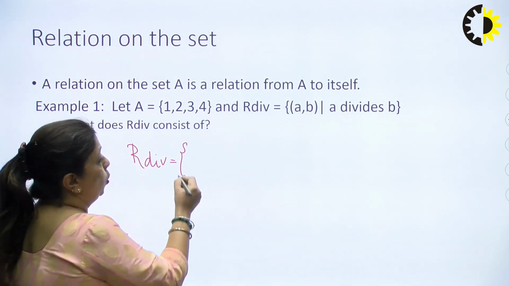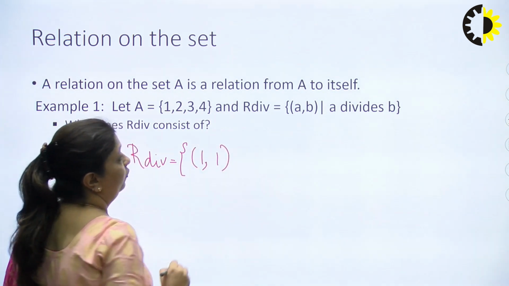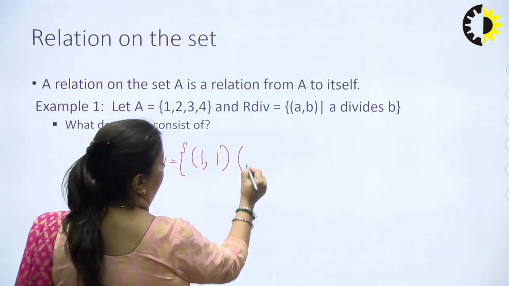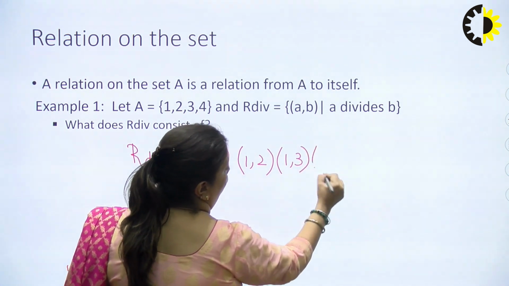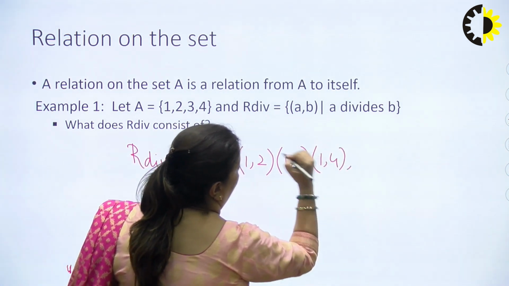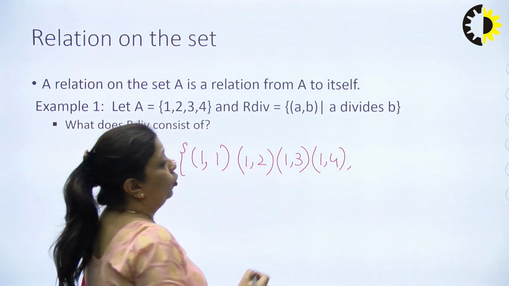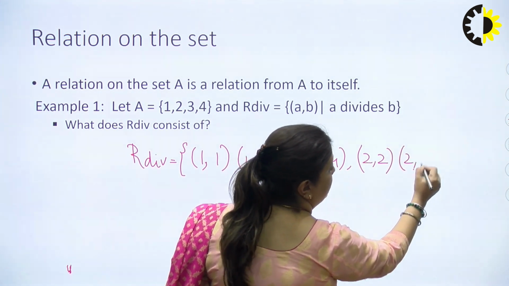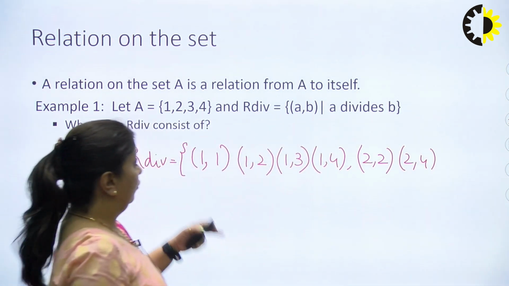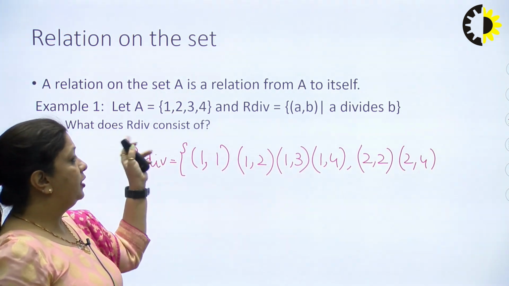So, since 1 divides every element, we will have (1, 1), (1, 2), (1, 3), (1, 4). Okay. Now, if I talk about 2, 2 will divide 4 and 2 will divide even itself. So, 2 divides 2 and 2 divides 4. If I talk about 3, then 1 divides 3 but 3 does not divide 1.